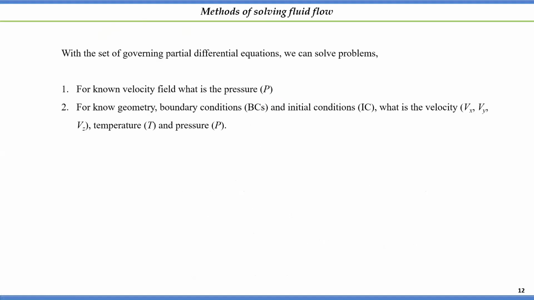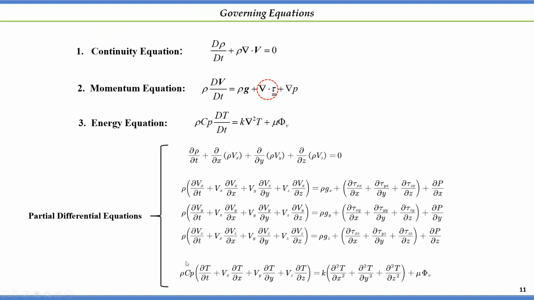When you solve these partial differential equations, and remember, all these equations are in the form of partial derivatives, you need to either write a code or have a very proficient commercial software which will solve these equations with a lot of numerical effort.